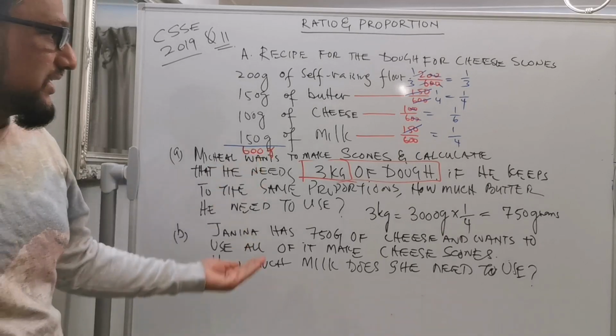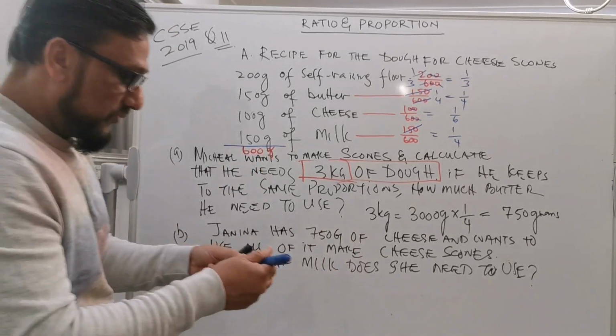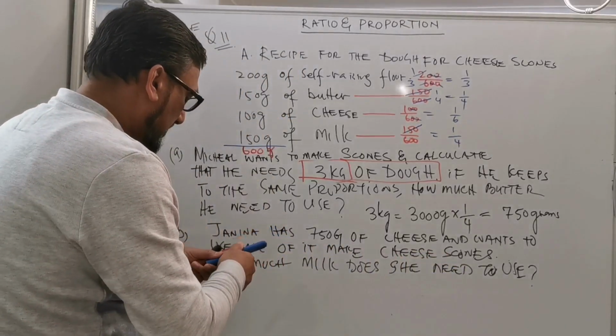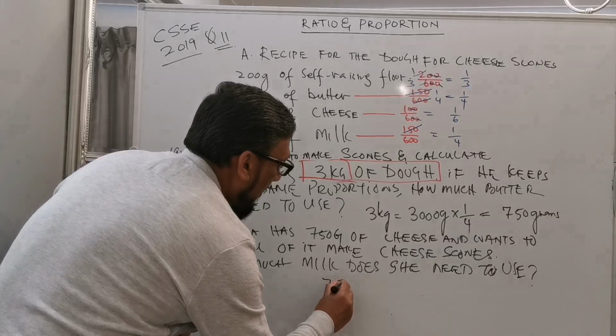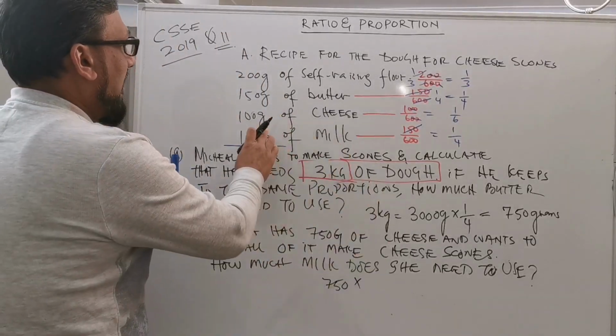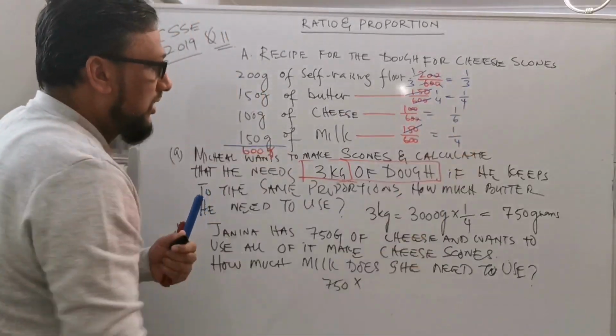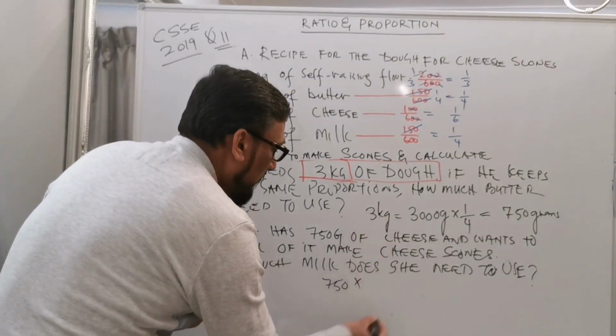So what we did, the same things we need to do. So simple steps. What to do? 750 grams first, and we know that the proportion is 1/6. So what we are doing? We need to flip.